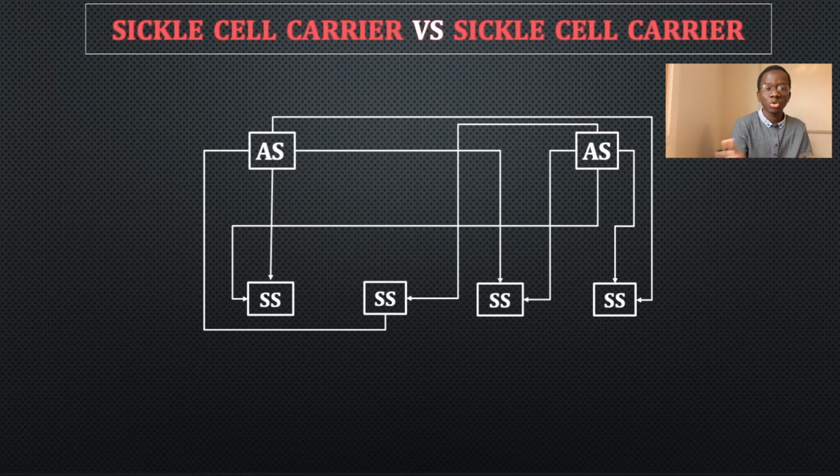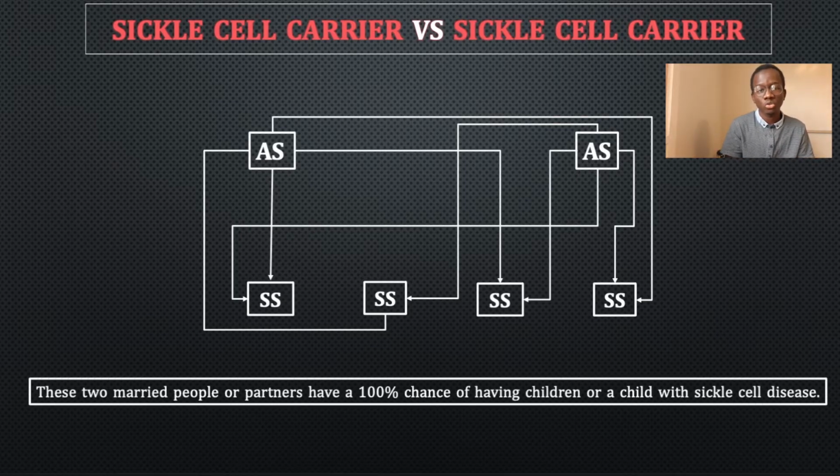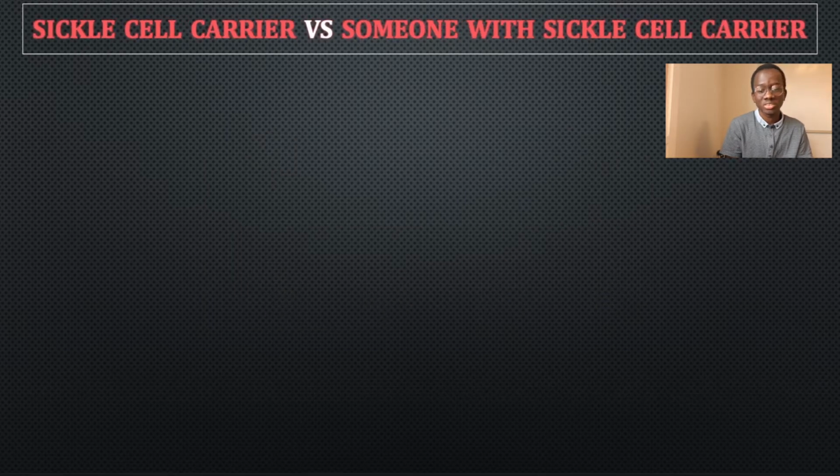But they don't tell them all this probability of having a child who will be healthy, or who will have an AA gene, or with the SS gene, or with the AS gene. The other combination that I am also considering is a carrier and someone with sickle cell disease.